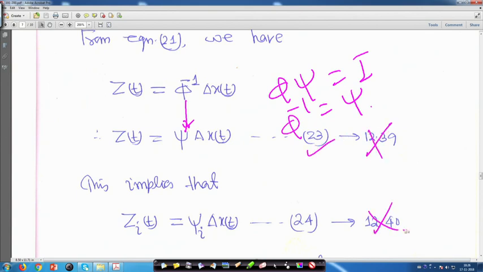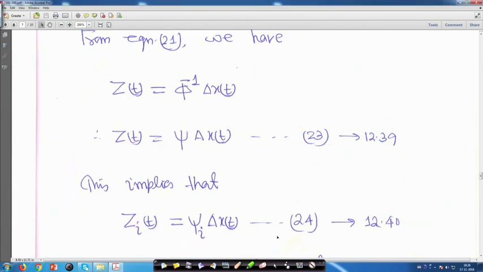Therefore, z i t is equal to psi i delta x t, because in general z t is equal to psi delta x t, but for the i-th state variable, z i t is equal to psi i delta x t, right.